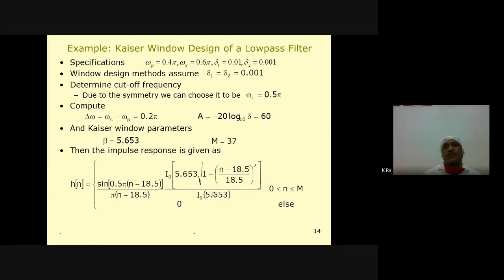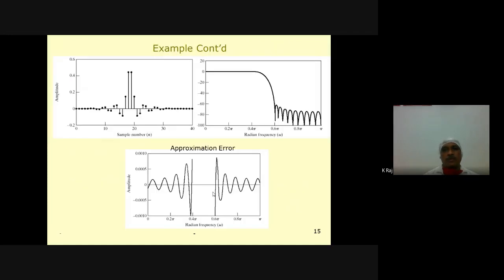And what is the advantage? In the Kaiser window, there is a trade-off between the main lobe width and the side lobe properties. Now the impulse response is given by this, that is the amplitude and the sampled impulse response, and in radians, that is in frequency, the amplitude variation is given by this, that is the amplitude versus the frequency.